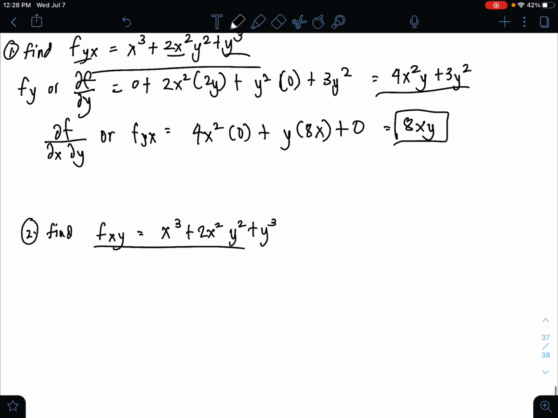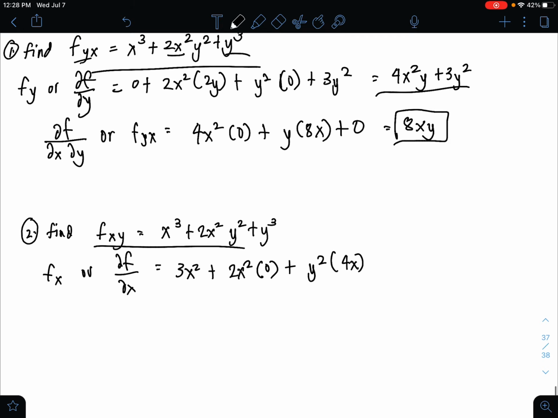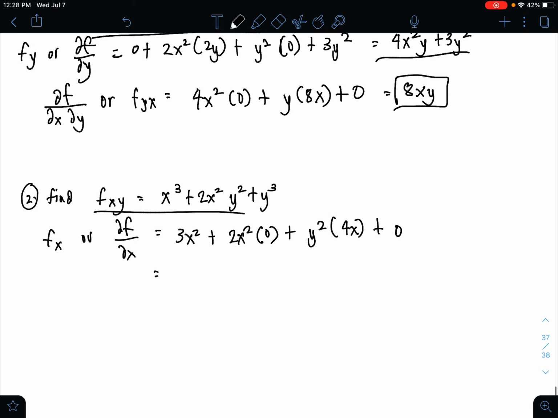So, derive nato siya first with respect to x. So, that's 3x squared plus constant si y. Yan. Diba? Then, constant si y, 0. So, therefore, our df over dx or f of x is 3x squared plus 4xy squared.